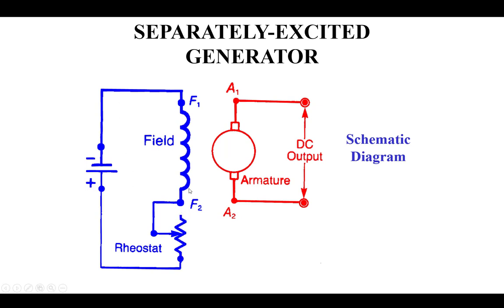through the field coils. So my current can leave here, and as I increase resistance, I will decrease current. A decrease in current will cause a decrease in magnetic field strength. A decrease in magnetic field strength will cause a decrease in generator output.